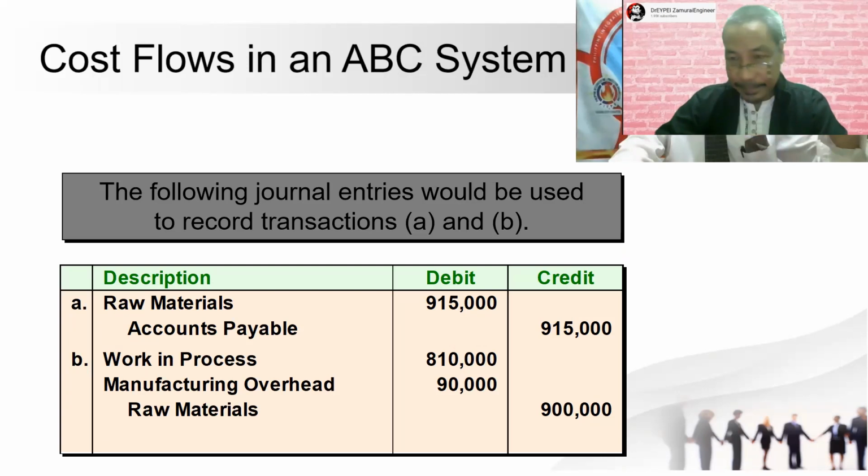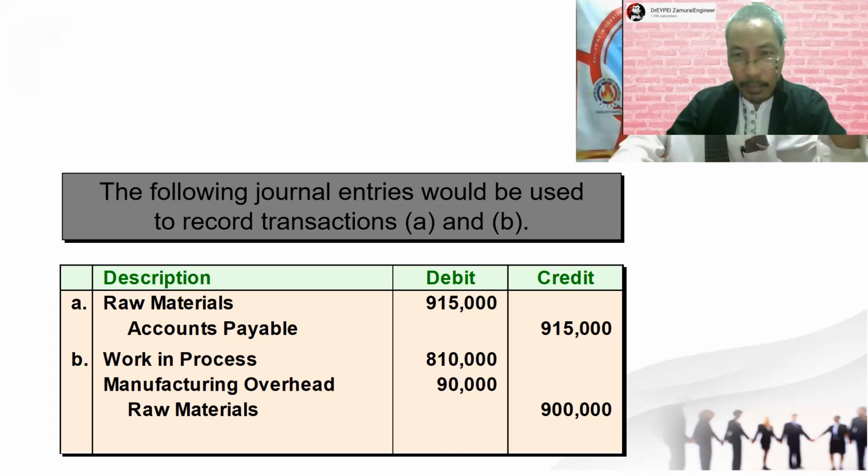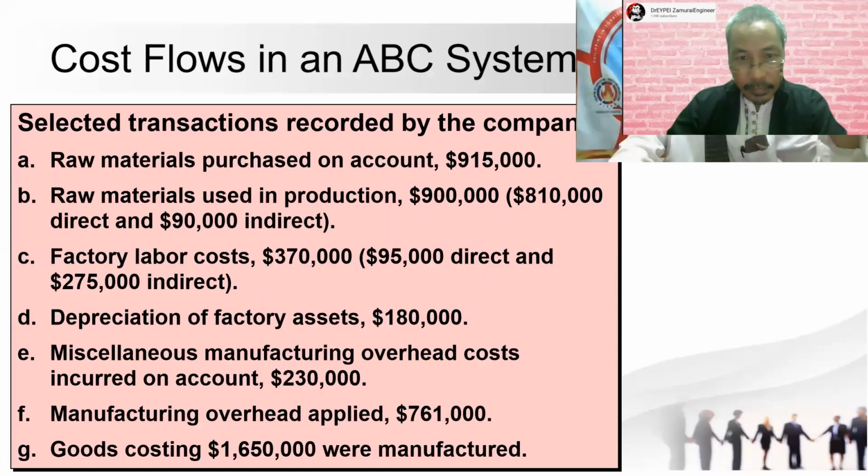That is indirect. We are talking of materials being used: work in process, 810, and overhead, 90. That's why we utilize materials amounting to $900,000.